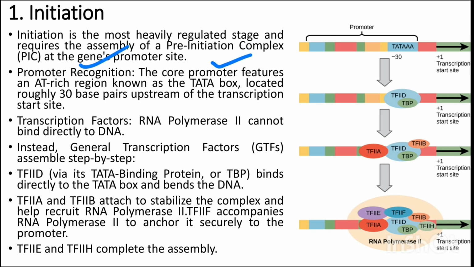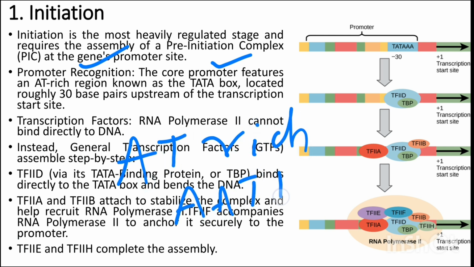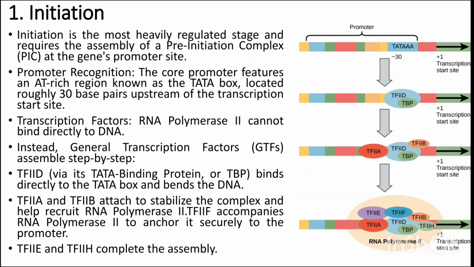The core promoter features an AT rich region, like AATTT or AAATT. This AT rich region is known as the TATA box, located roughly 30 base pairs upstream of the transcription start site. What is upstream? Upstream of where the transcription starts, the +1 site.